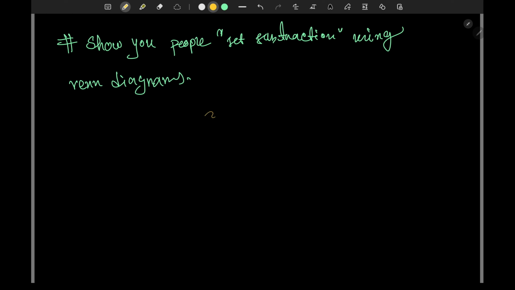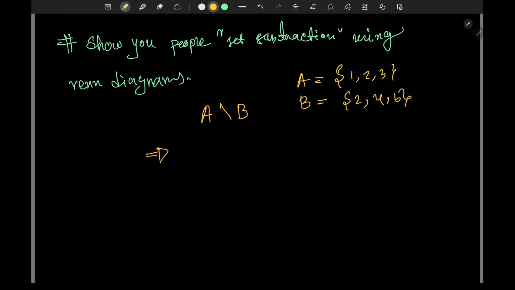All right, so let's say I have a set A, and again, the other set is B. So I want to subtract B from A, and let's say again A is 1, 2, 3, B is 2, 4, 6, and if I do it algebraically, the things that we saw in the other video is that this is something like 1, 2, 3, subtract 2, 4, 6. The idea was to get rid of everything from B.